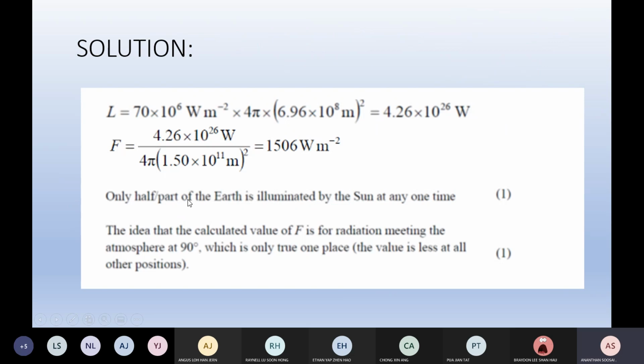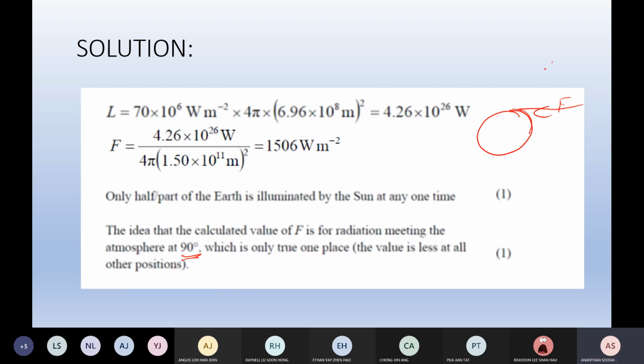So you check the answer here. This is another reason. The flux is always 90 degrees from the surface. But at the Earth, it's not normal. The flux we are getting is not normal to the surface.